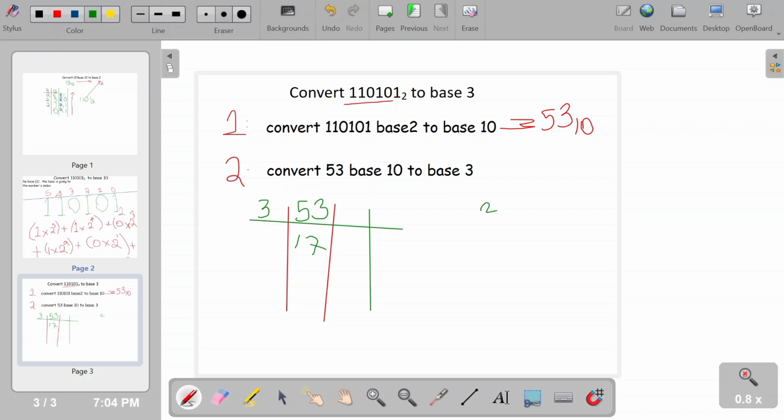And then we have 3 times 17, which is going to give us 51. So our remainder is 2.